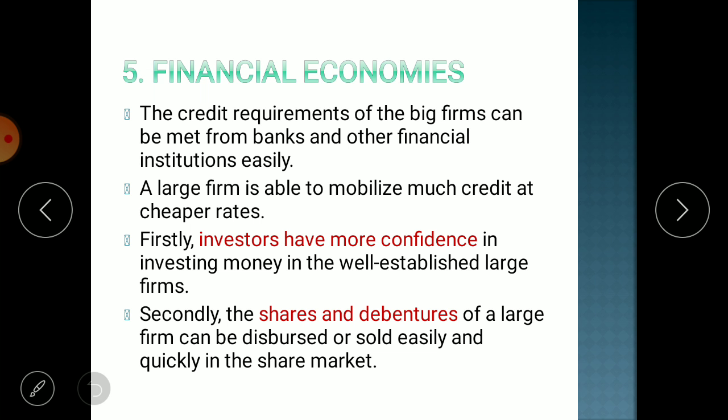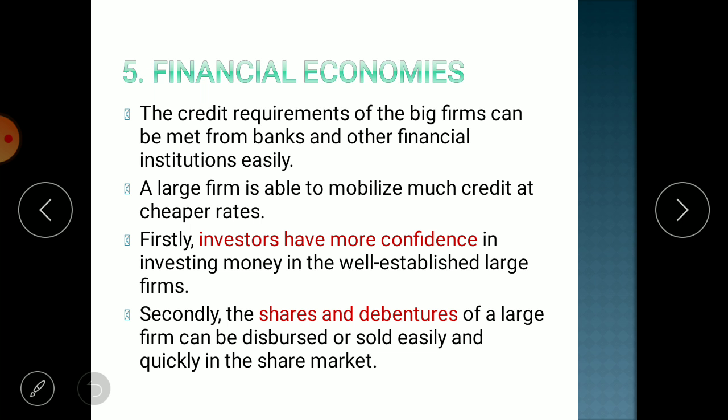Whereas if we talk about the large firm, they have so many sources for collection of capital. The first is owned capital. In owned capital, there are equity shares and preference shares. In borrowed capital, debentures, bonds, bank loans and public deposits are there. So the large firm has so many resources.